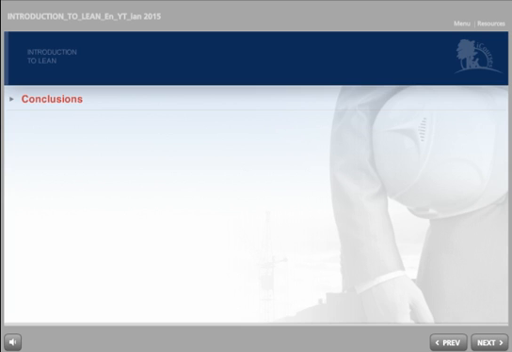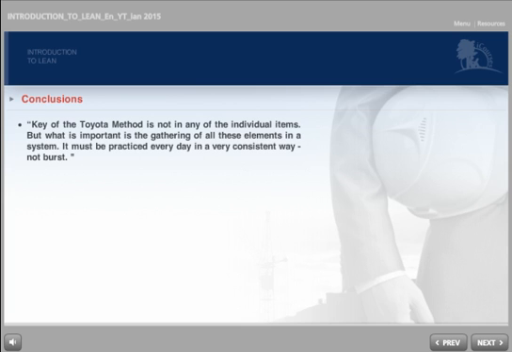A former president of Toyota once said, "The key of the Toyota method is not in any of the individual items, but what is important is the gathering of all these elements in a system. It must be practiced every day in a very consistent way, not burst."